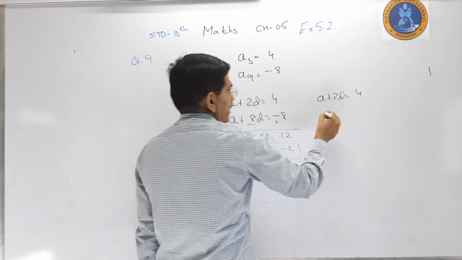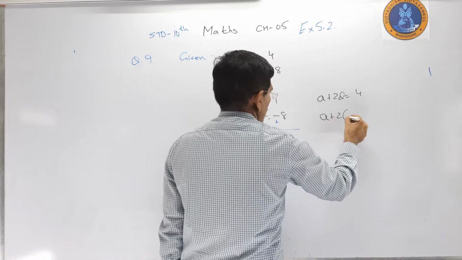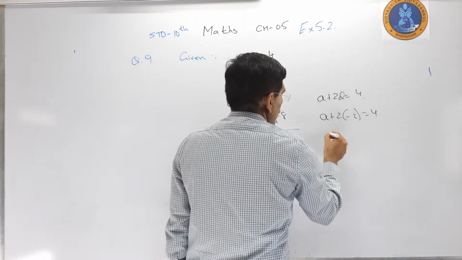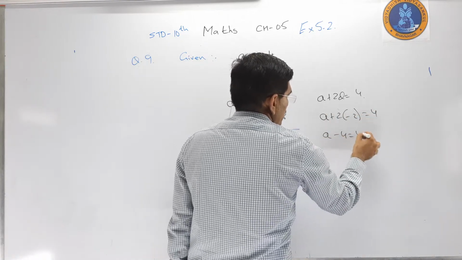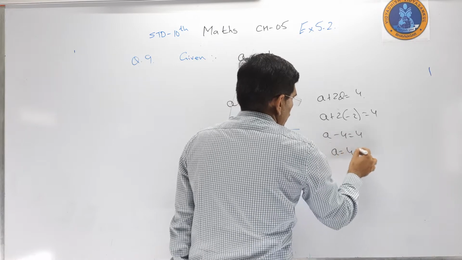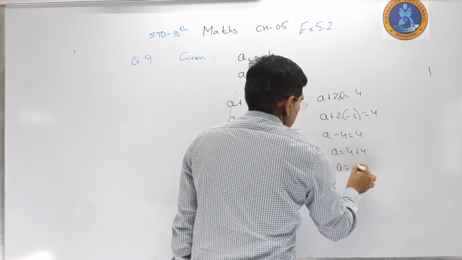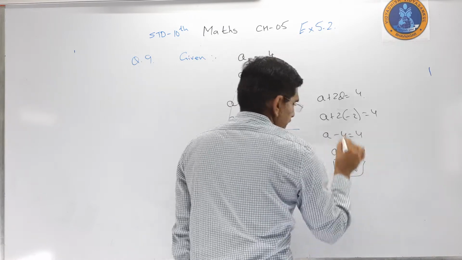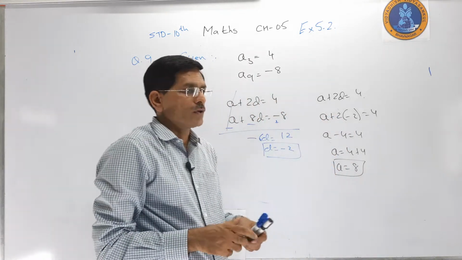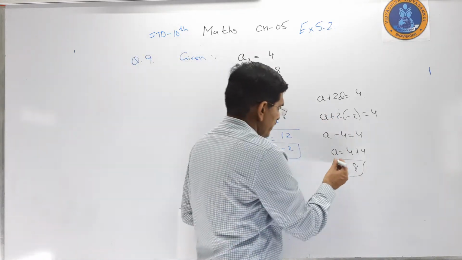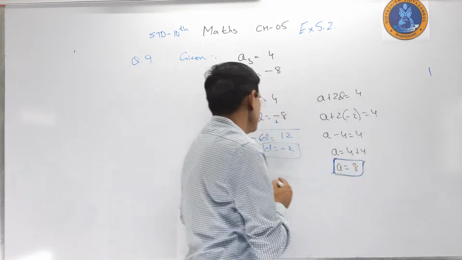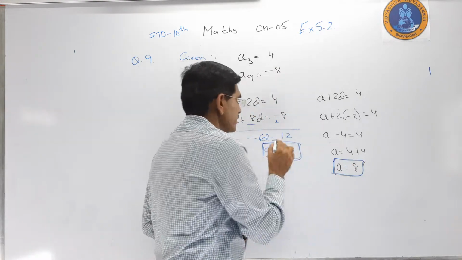Now here A plus 2 into minus 2 is equal to 4. So A minus 4 is equal to 4. So A is equal to 4 plus 4, A is equal to 8. Again A is equal to 8 and D is equal to minus 2.